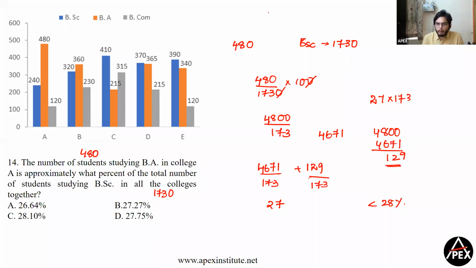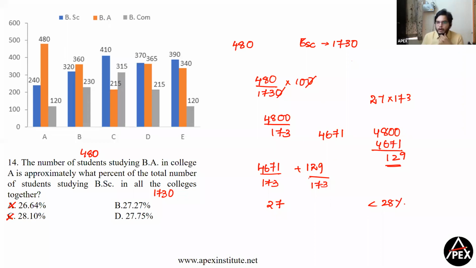So, it will be more than 27 and less than 28. Yes or no? Quick responses. So I can eliminate option A and option C. Option A and option C can be eliminated, isn't it?